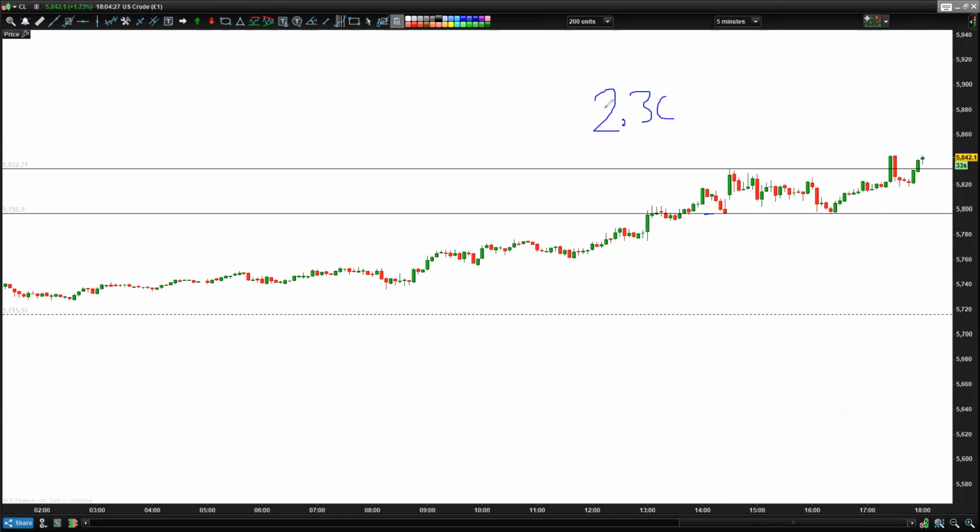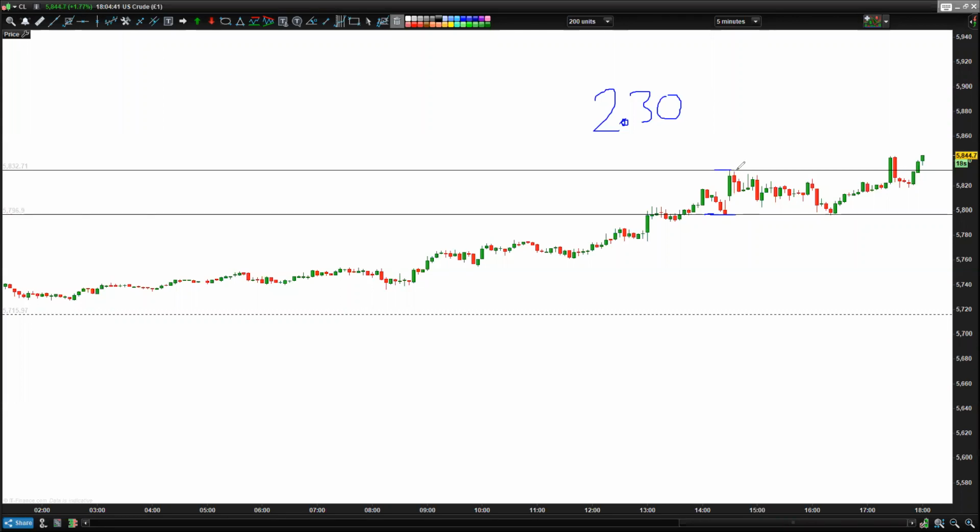Normally 3:30, but there's only 4 hours difference between GMT and Eastern time. So this was the price before inventories came out. Inventories came out and we shot up here. So we gapped up and moved higher.